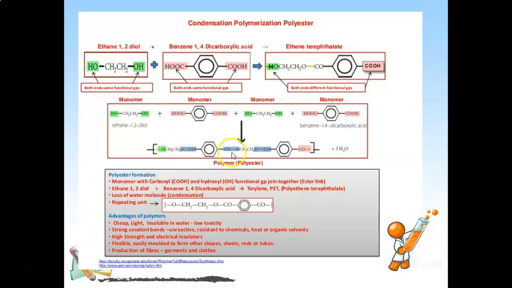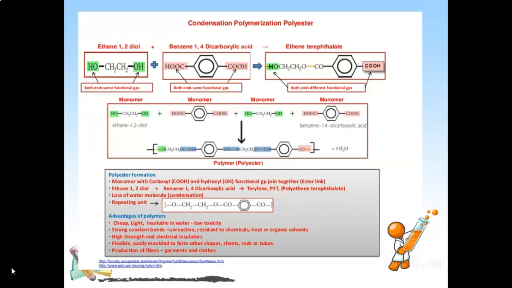As we can see here, the repeating unit for polyester is OCH2, CH2O, CO, and the benzene ring continuing with the CO. So this repeating unit will keep producing in a step growth manner to produce a polymer.